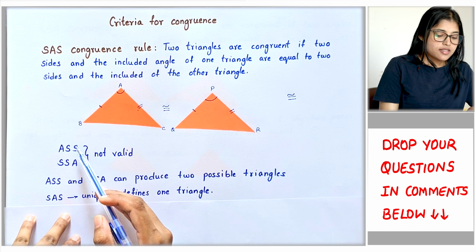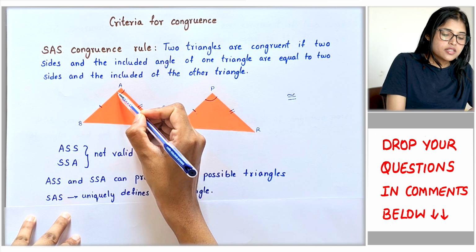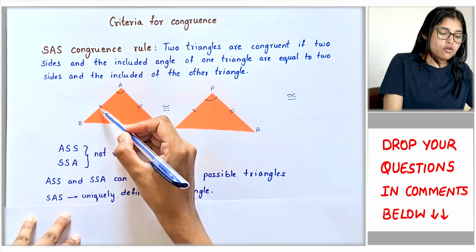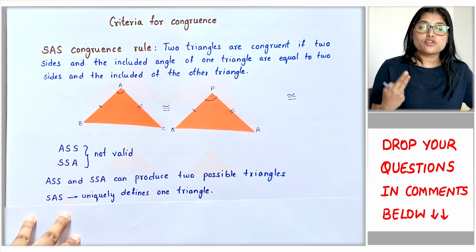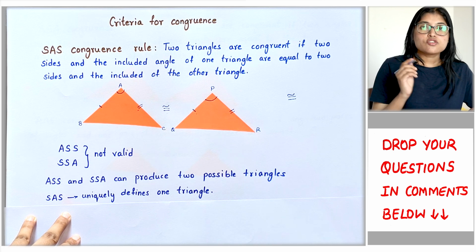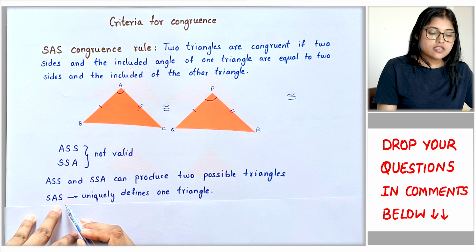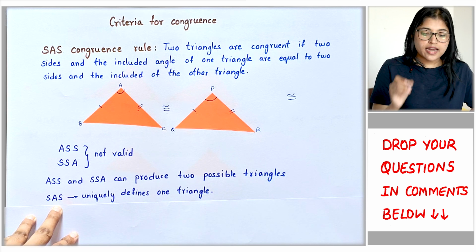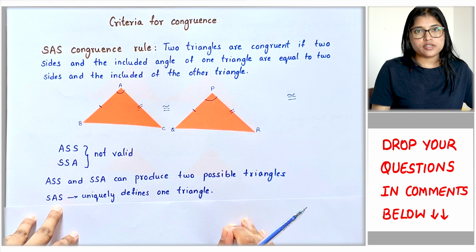This is because these type of triangles with one angle and two sides, for example, this can be one angle and this can be two sides, or there can be this side and this side as well. So in this case, we are able to produce two triangles that might not be entirely identical to each other. So that is the reason these two criteria are not valid, and SAS produces uniquely identical triangles, and that's why that criteria is valid for congruence.